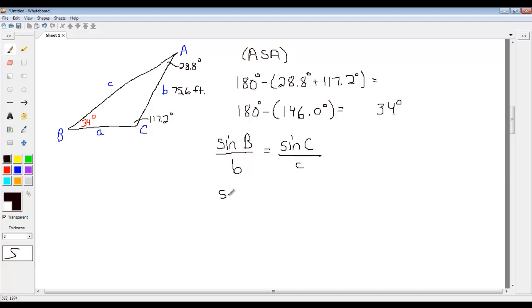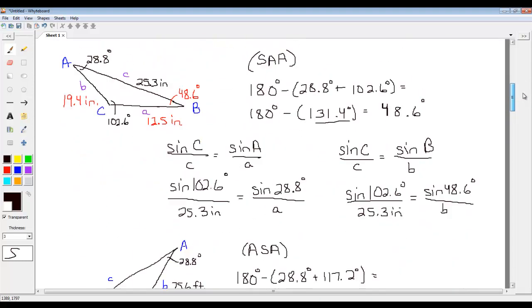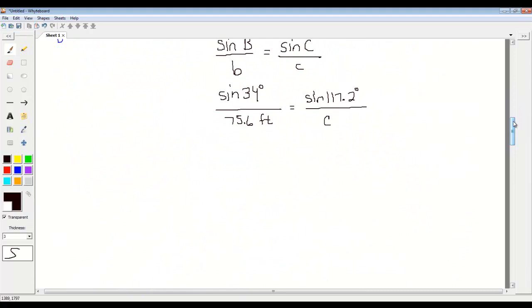So I got sine of 34 degrees over 75.6 feet equals sine of 117.2 degrees over c. So now it's just like earlier, this whole process. Solve for C.